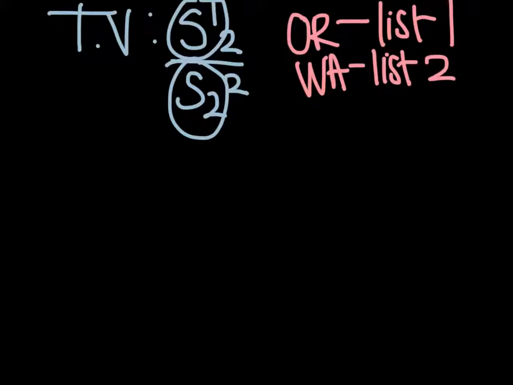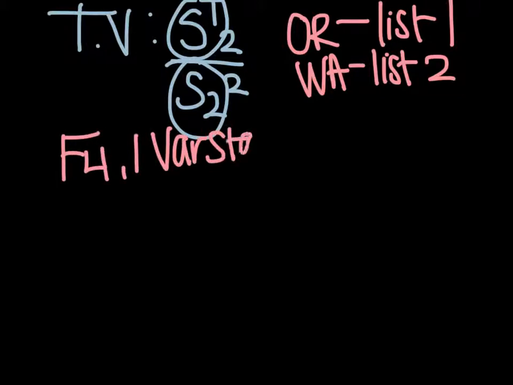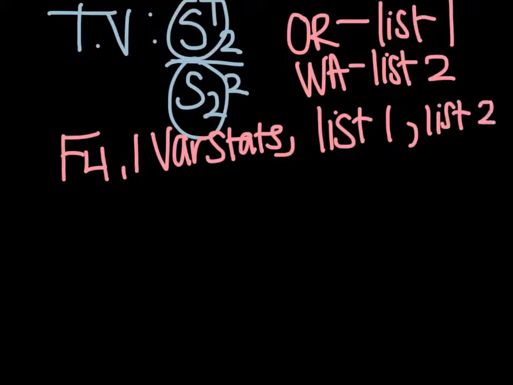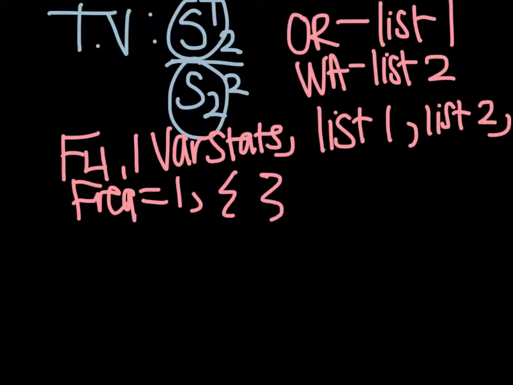After you enter in those values into list 1 and 2, you go to F4, 1 var stats, and then the first blank is list 1, the second blank is list 2, frequency is 1, and then you need the little squiggly brackets, and you repeat this again to find the S2 value. So you do it once for S1 and then S2.